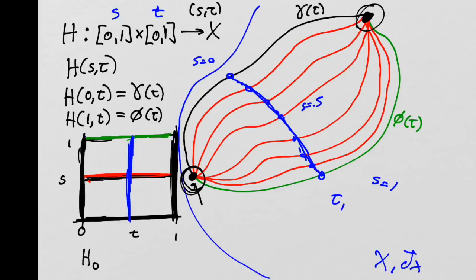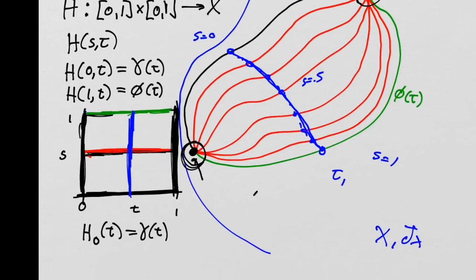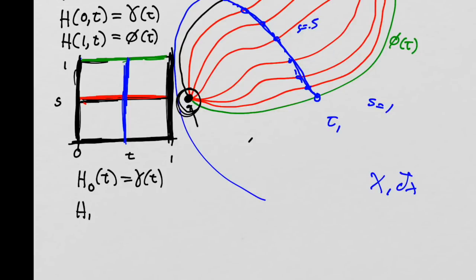So h0 of t equals gamma of t, and then I can write h1 of t equals phi of t. And now each version of h represents a separate path. So you would have h.5 of t, right, is a path. And you have to subscript it with a real number between 0 and 1, which is kind of annoying. We're not used to seeing subscripts with real numbers.